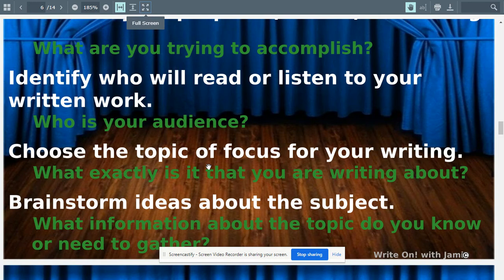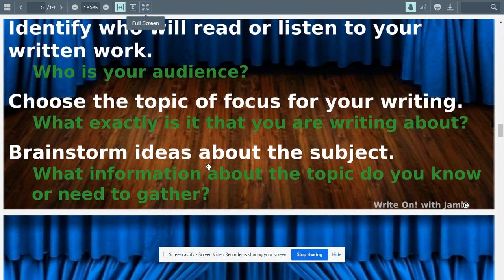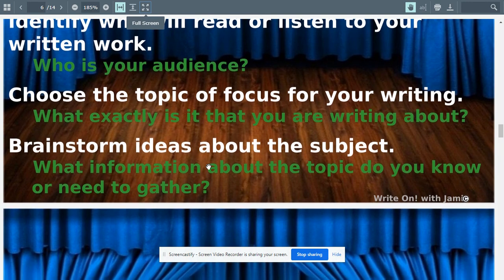But everything you think you want to say about it, you need to write it down. All right, brainstorm ideas about the subject. What information about the topic do you know or need to gather?